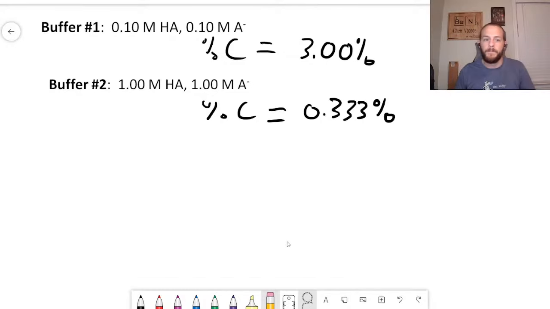So as the absolute concentrations of acid and base increase, the buffer becomes more effective. It becomes better at resisting changes in pH when you add strong acid or strong base to that buffer solution. We have figured that out just by comparing these two buffer solutions.